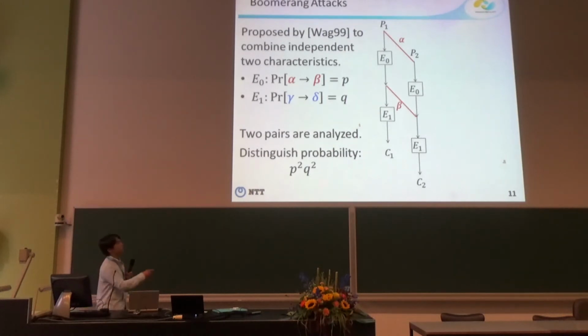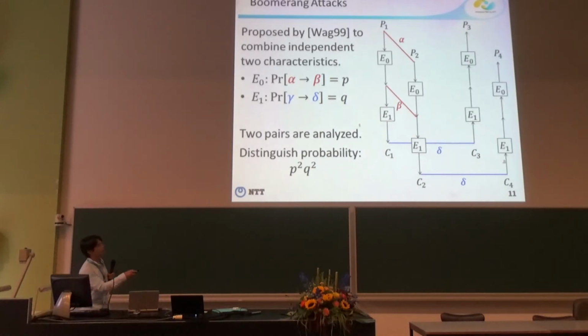So I start by choosing P1 and P2 with difference alpha. After probability P, in the middle they produce difference beta, but nothing particular in C1 and C2. Then we XOR delta to compute C3 and C4, and ask the decryption oracle to return the corresponding plaintexts.